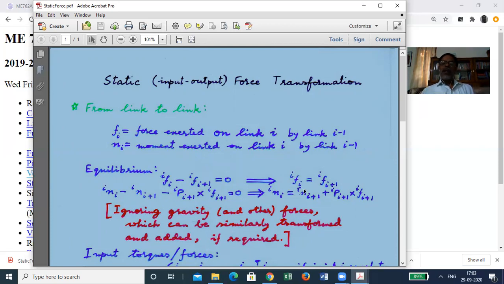And from there, you get the force moment interaction in the previous link, then the previous link, then the previous link, and so on, till all the force moments at the joints you can find out.